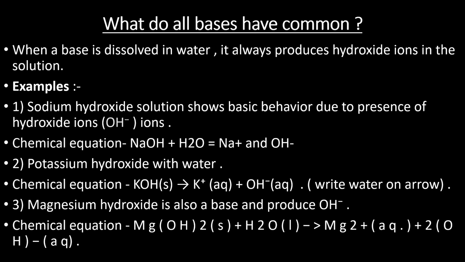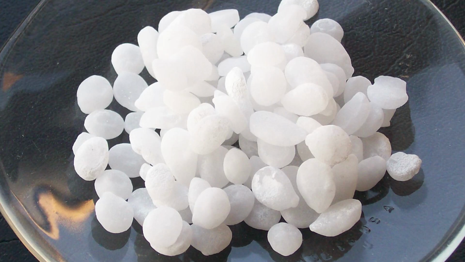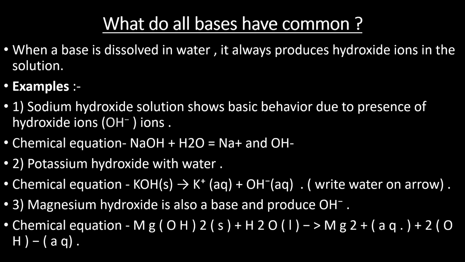So when you dissolve sodium hydroxide in water, then it produces hydroxide ions, that is OH minus. These are hydroxide ions. Now the chemical equation is NaOH plus H2O equals Na+ and OH-.